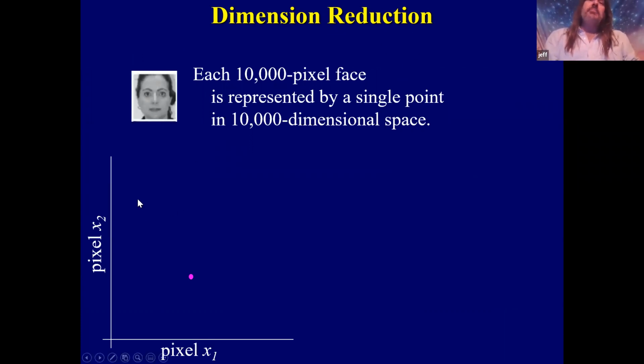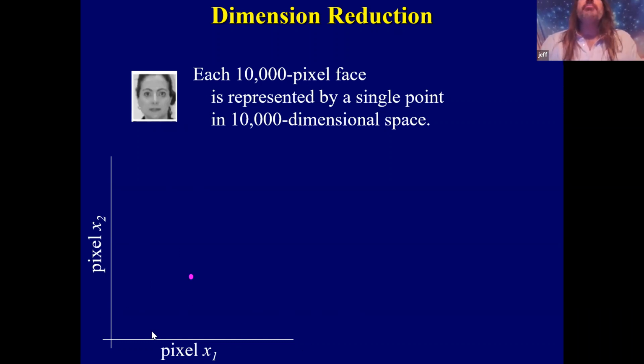As we've said before, you can think of this image with 10,000 numbers as just a vector. It's just a list of 10,000 numbers. And so you can put a dot in a space. This is a 10,000 dimensional space, right?